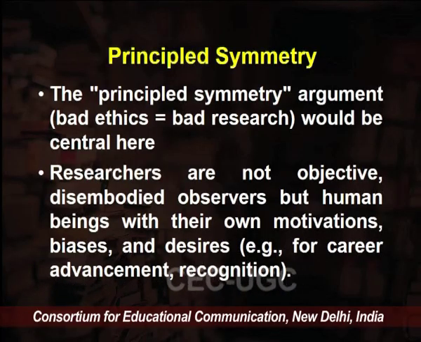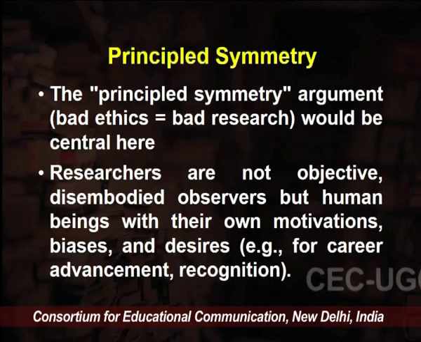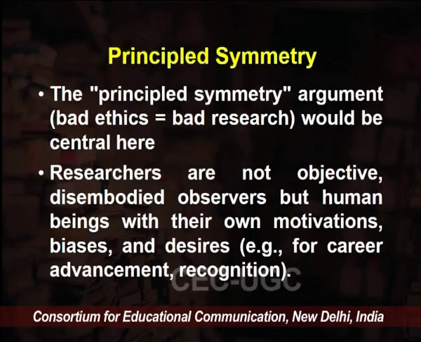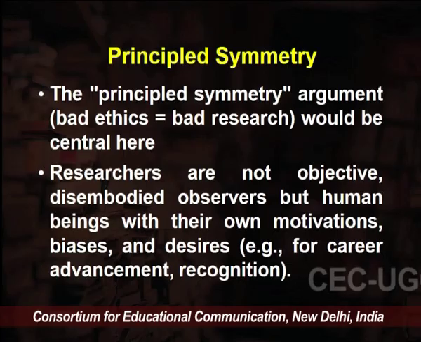And he argues that researchers are not objective, disembodied observers, but human beings with their own motivations, biases, and desires. For example, when we try to see why an individual is doing research, say he is doing it for an academic degree, to get a PhD, and therefore there is an inherent reason why he or she is doing it: to improve career advancement, or to get recognition.